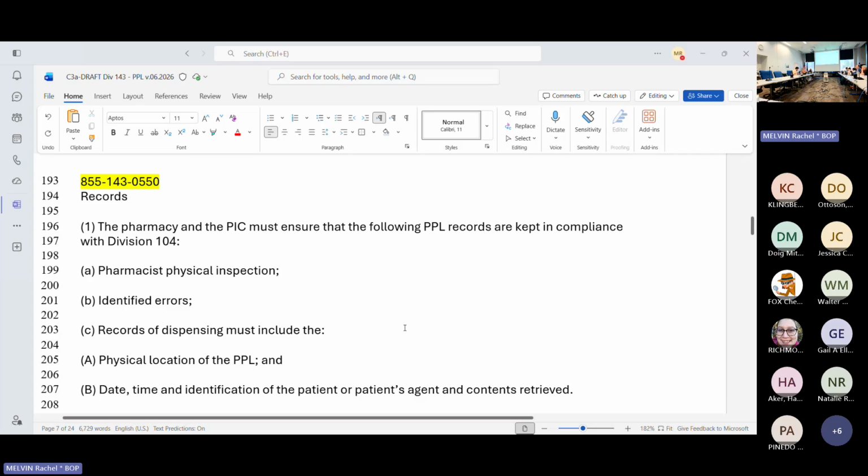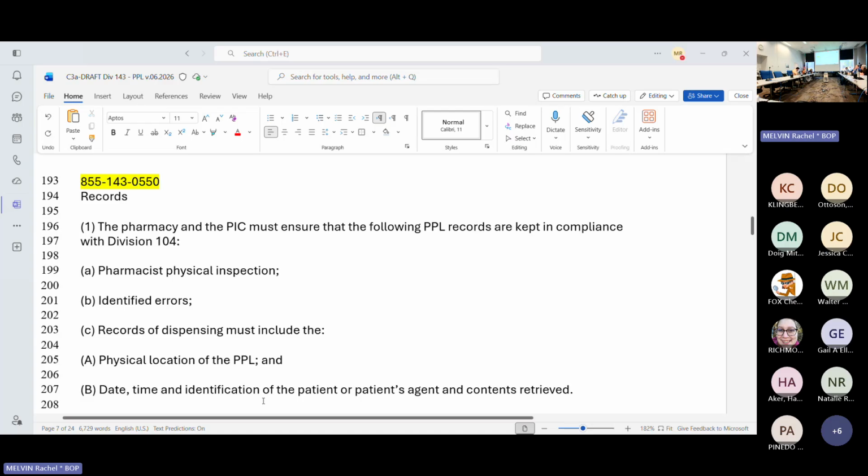Board Member Kroger, I just have a question on the identification of the patient or patient's agent and what we are imagining that to be. What would we be requiring to identify the patient or the patient's agent? Because I can see that being a little bit confusing.